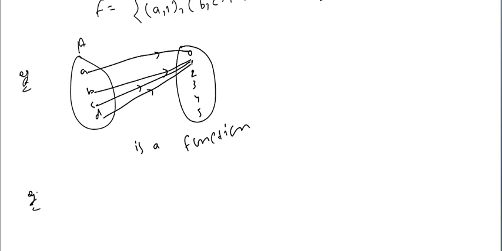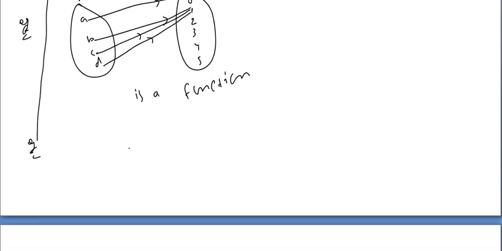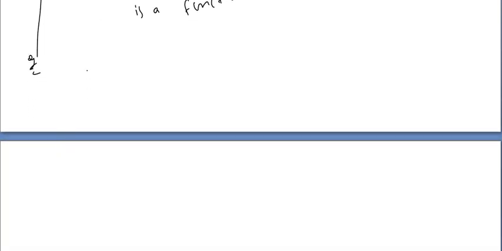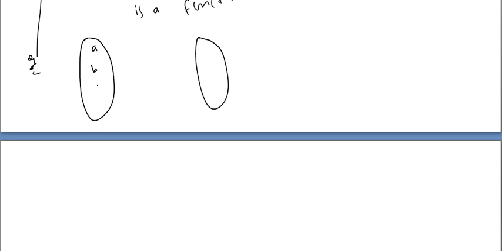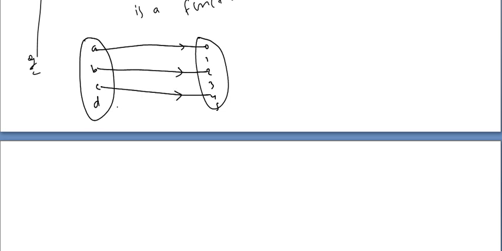Now consider the next example. Suppose you have set A and set B. Set A has elements a, b, c, d, and set B has elements 0, 1, 2, 3, 4, 5. Suppose a is associated with 0, b is associated with 2, c is associated with 4, and d has no image.